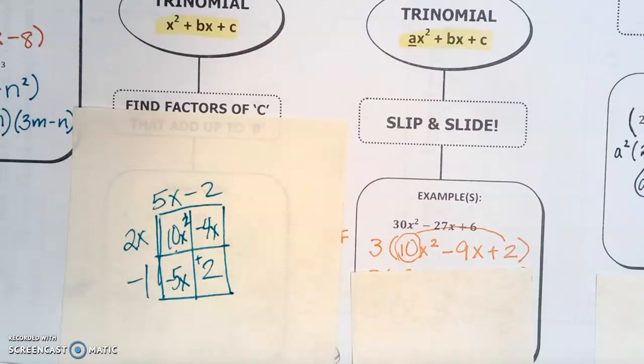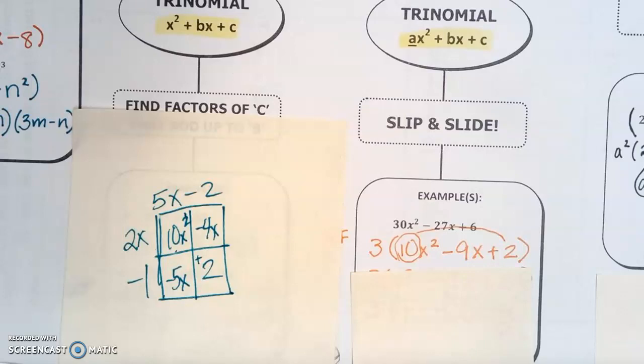You have to see what is going to multiply to get 2, which would be a negative 2 and a negative 1, and add to get negative 9x. So it ends up being 5x times 2x to get your 10x squared, 2x times negative 2 to get your negative 4x, and 5x times negative 1 to get your negative 5x.